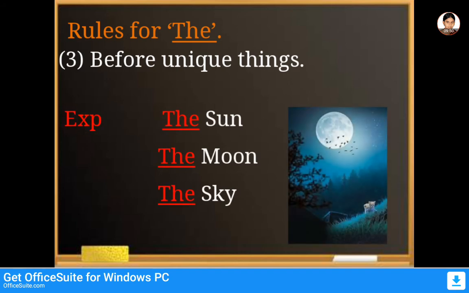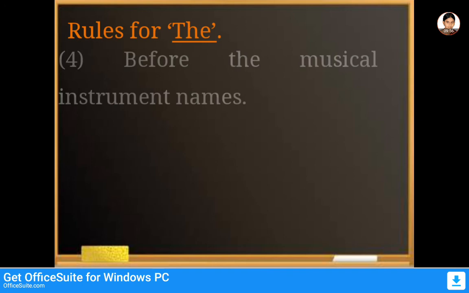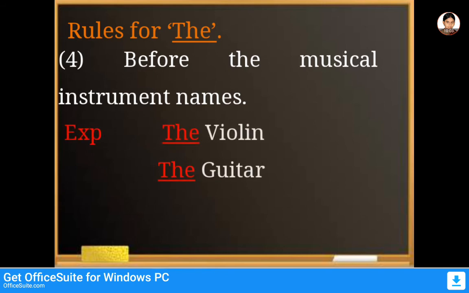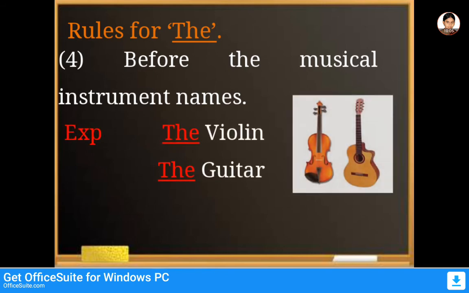Example, the sun rises in the east. Before the musical instrument names: the violin, the guitar. She plays the violin very well.